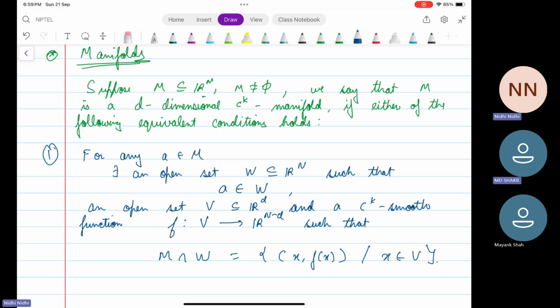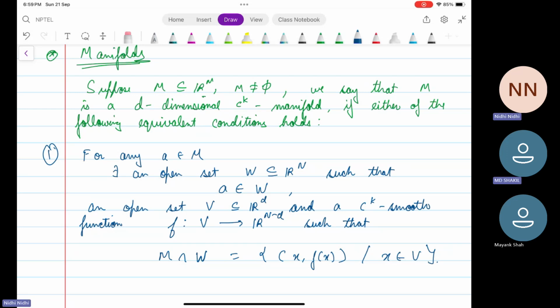And clearly, can we say M intersection W is an open neighborhood of A as a subspace, considering M as a subspace of Rn? We don't know anything about M. M is just a subset of Rn. W is an open set of Rn.